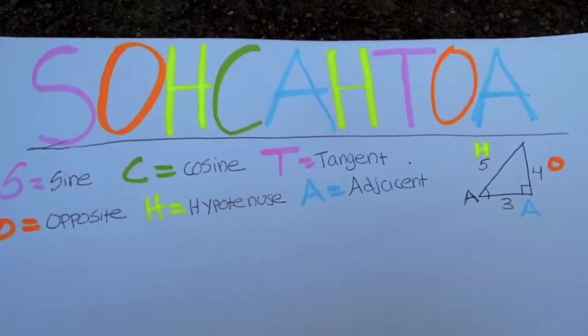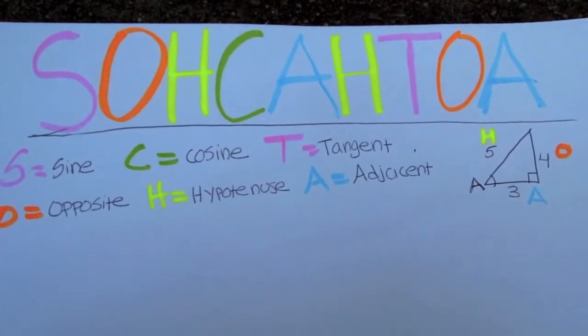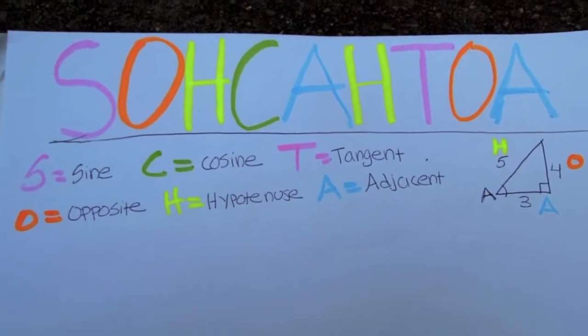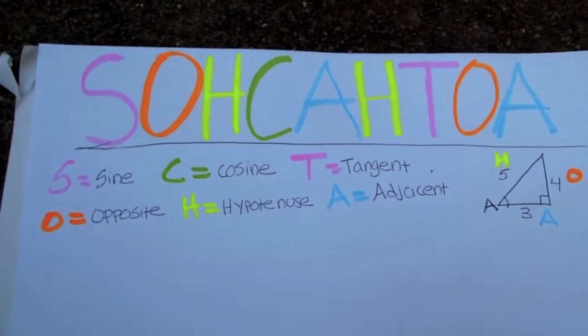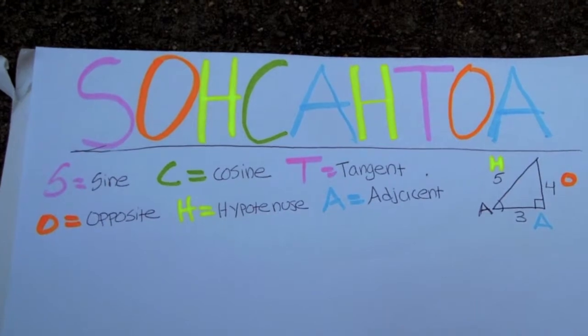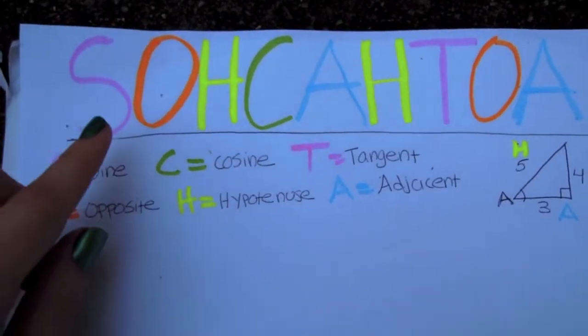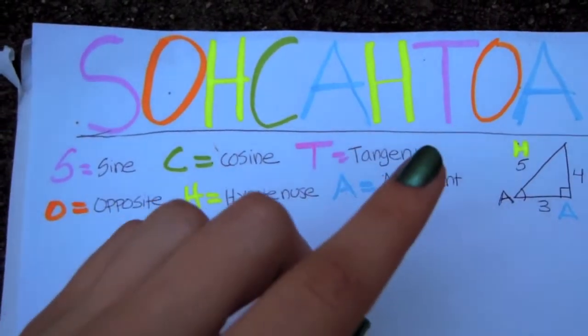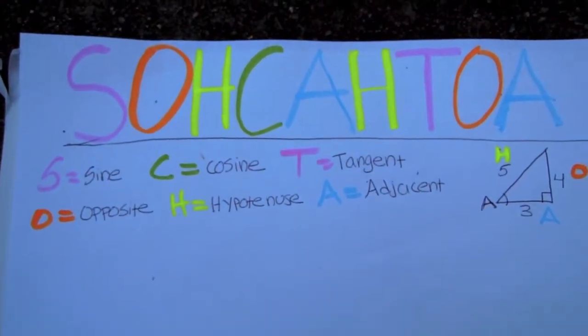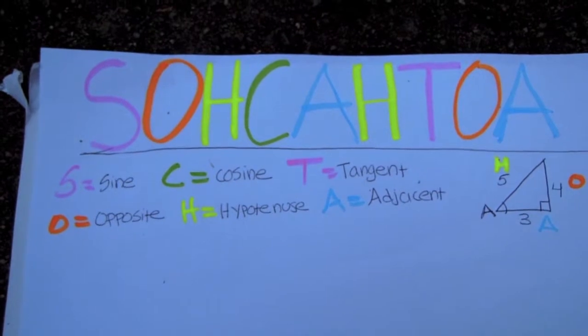So, I've come to the conclusion that Sohcahtoa is an acronym for the trigonometric principle of how to find the angle measures or side lengths of a right triangle. Three ways to do this are by using sine, cosine, and tangent. The acronym Sohcahtoa is just a way to remember how to do these things.